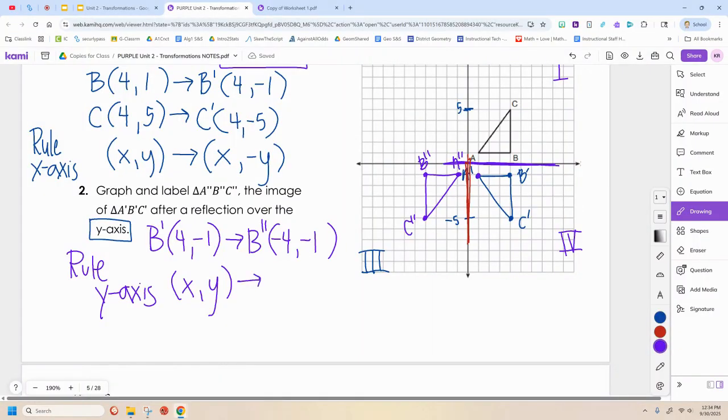So our x, which is originally 4, did it stay 4? No, it became negative, right? It changed signs. So we're going to have negative x. And then our y value was -1. Did it change or did it stay exactly the same? Same, so you're just going to put a y.